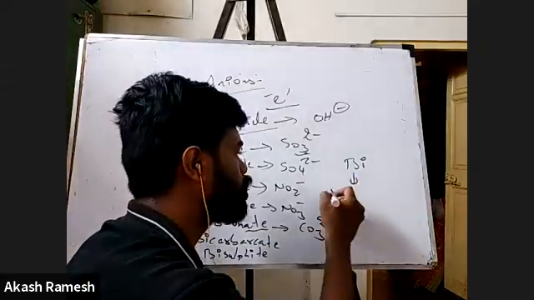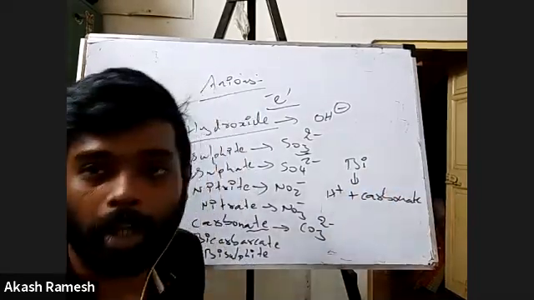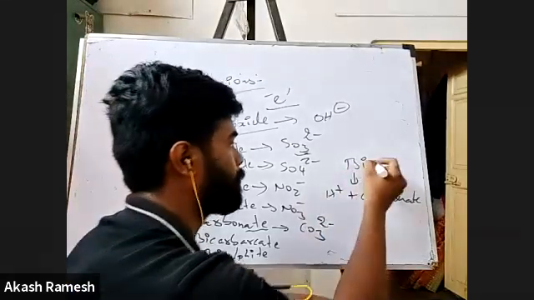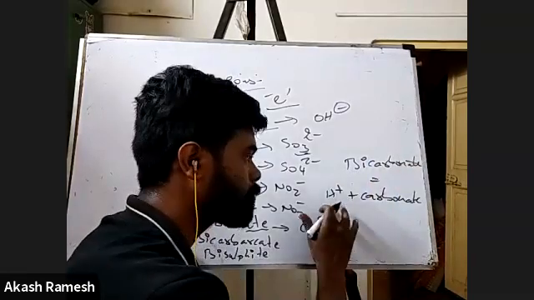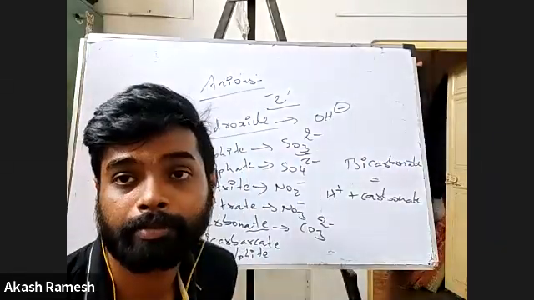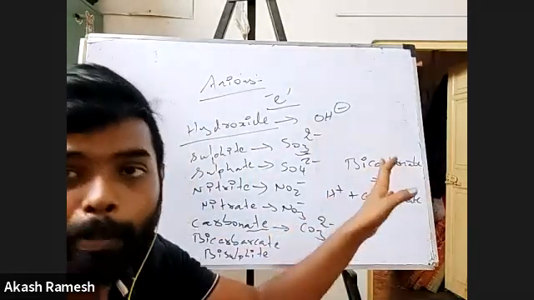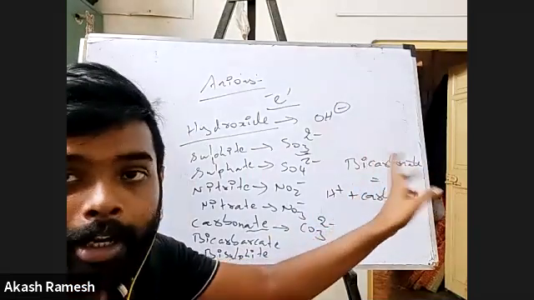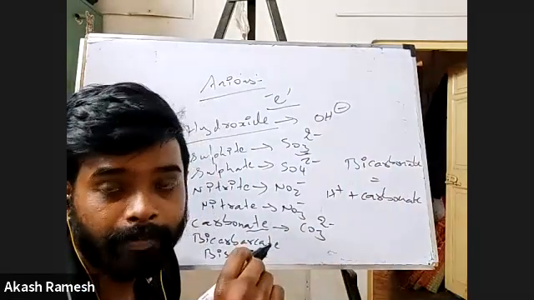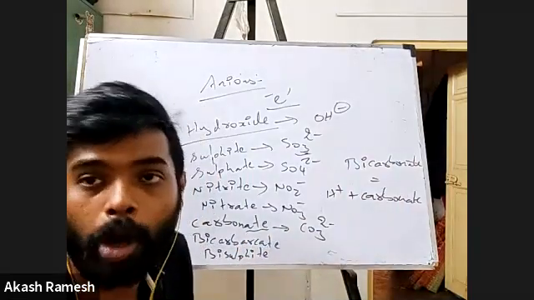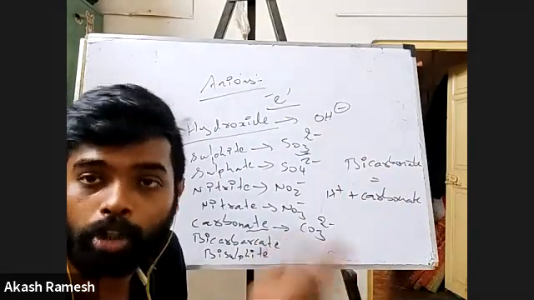For this bi, you add H plus along with the carbonate. How do you get a bi? I'll write bicarbonate is equal to H plus the carbonate. Any bi compound for that matter. Bisulfide means sulphide plus H plus. So I can write bi is equal to H plus the ATE compound generally, or IDE compound, whatever it is. You just have to add the H plus to the compound you're talking about.